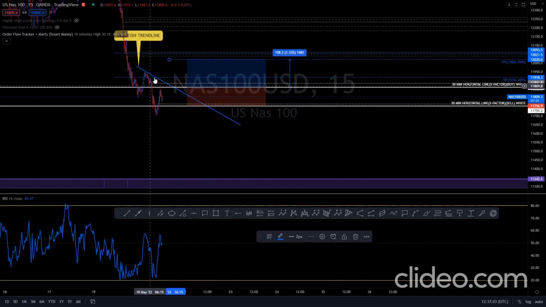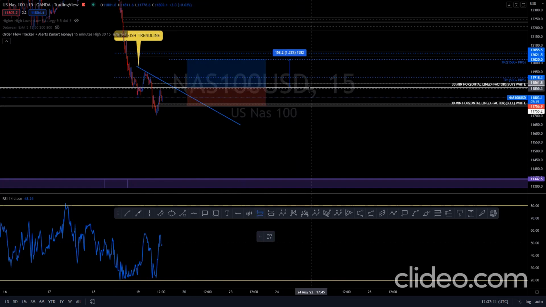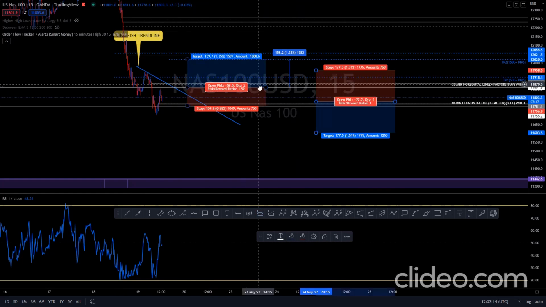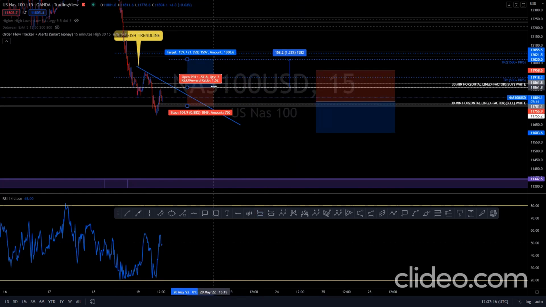Now, let's say price sells like you think it's going to. This is going to be my risk reward for the sell. Let me move this over so that this is not too much in the way.